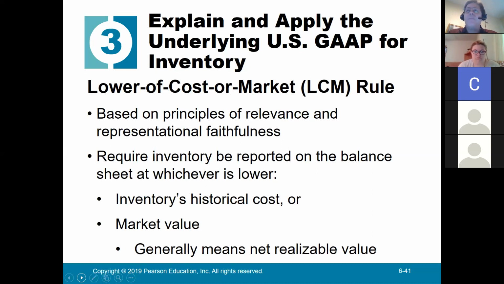So they need to get it off their shelves, and they call up Ollie's and say, we need to sell this to you. All right, that is an indication that you have a lower of cost or market. You are probably selling it to Ollie's for less than what you paid for it. And therefore, what you can sell it for to Ollie's minus the cost to get it to Ollie's is going to be your net realizable value.